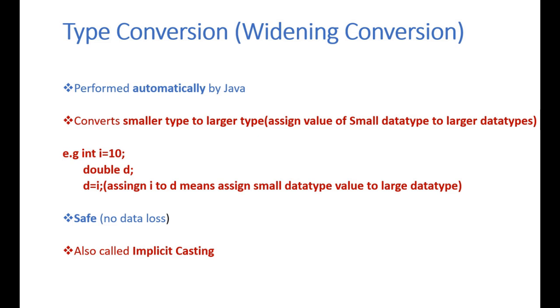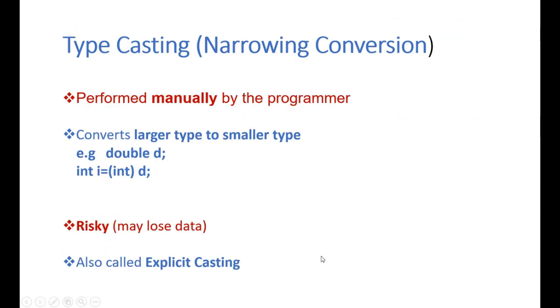So this task is performed automatically by Java and is known as widening conversion, and no data gets lost because there is more space, so the data gets placed very easily in a bigger space. That type of casting is known as implicit casting.